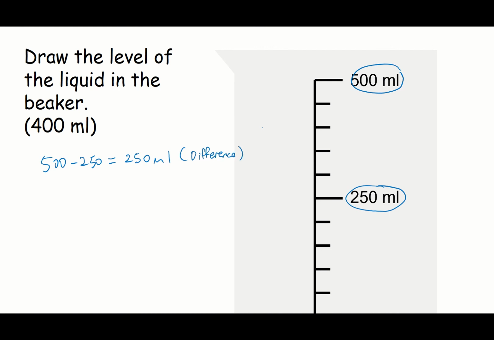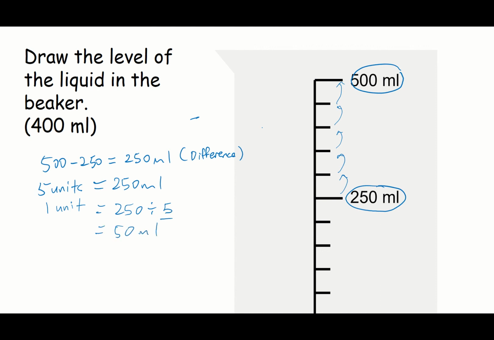We always find a difference, then divide by the number of gaps, right? So how many gaps? 1, 2, 3, 4, 5. Again, it'd be 5. So in this case, 5 units equals 250 milliliters. So 1 unit will be equal to 250 divided by 5 equals 50 milliliters.